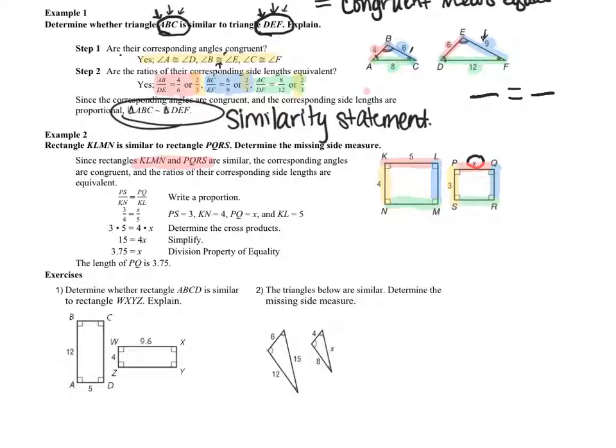So I want to show you that if we did green over green and then red over red, we could write a proportion. I'm going to do small over big. So small over big here. So 8 over 12 and then 4 over 6. If I multiply these, I get 12 times 4 is what?